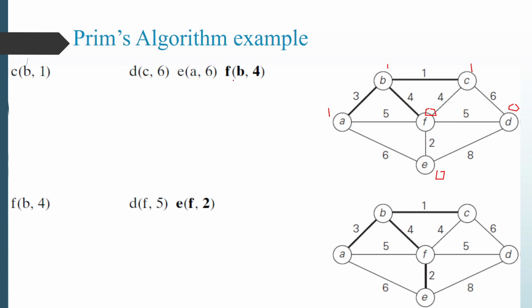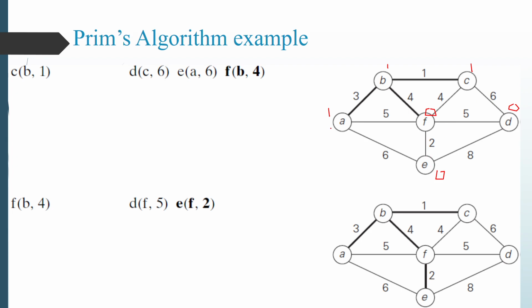D, E, F. Next your work is what? You have to check adjacent to visited vertex. D, now it is adjacent to one of the visited vertices, that is C here. So that's why here you have taken D, C, comma, and what is the weight now? It is 6.